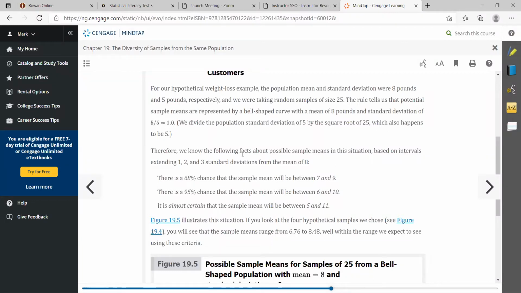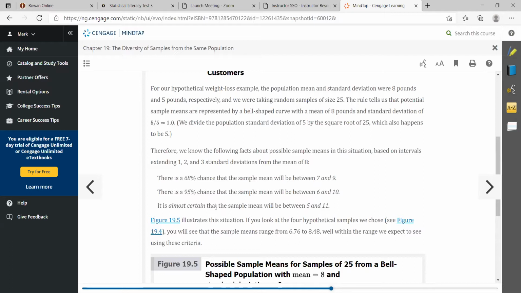So 8 minus 1 is 7, 8 plus 1 is 9. 95% the sample mean will be between 6 and 10. Why? Because 95% is plus or minus 2 standard deviations. In this case, the standard deviation is 1. 2 times 1 is 2. 8 minus 2 is 6. 8 plus 2 is 10.